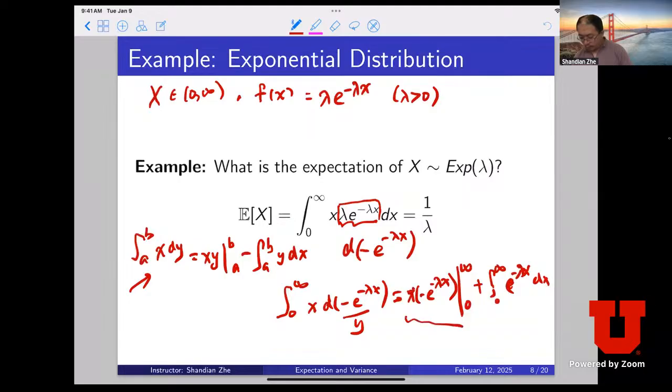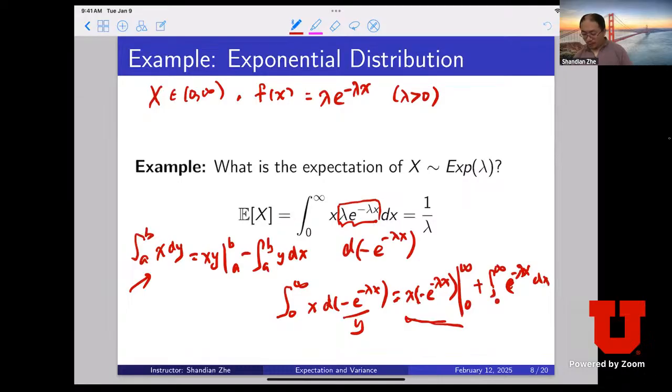Let us look at this term. I want to write it more clearly. So what is this? The answer is 0.